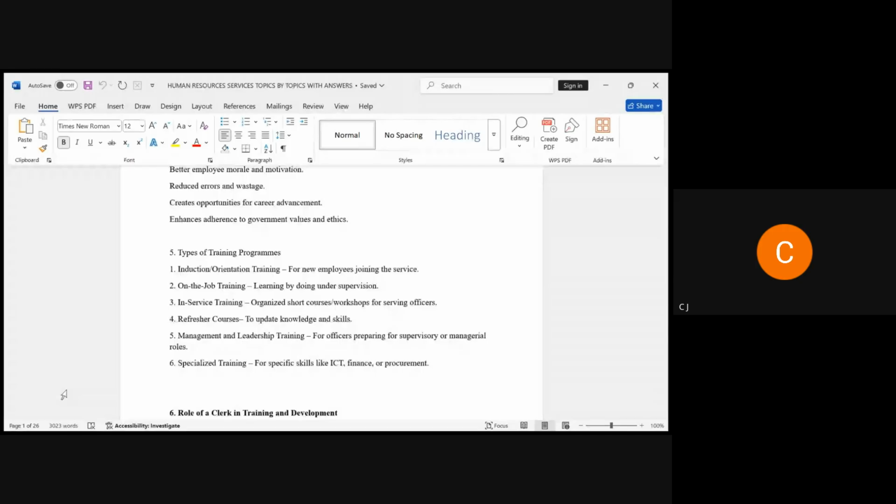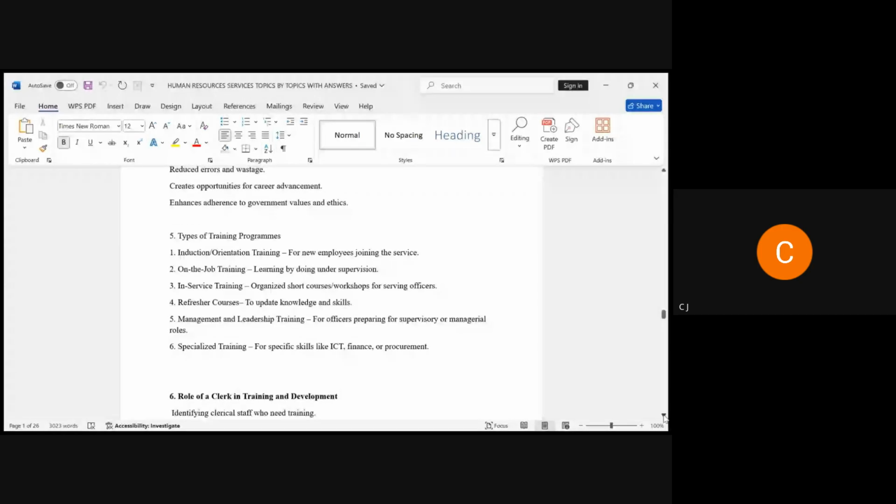Roles of a clerk in training and development.